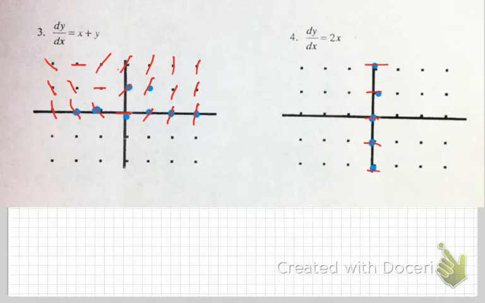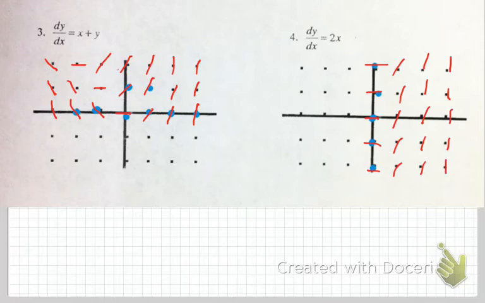When x is 1, the slope is 2. When x is 2, the slope is 4. When x is 3, the slope is 6.